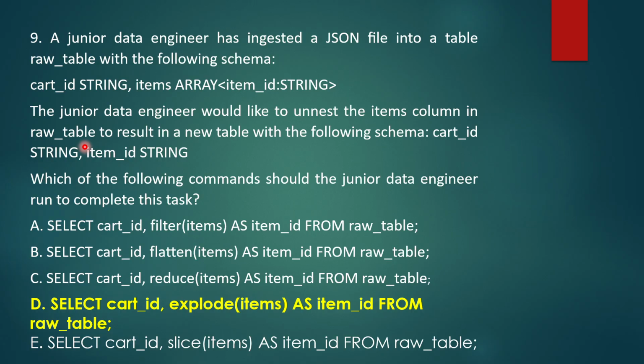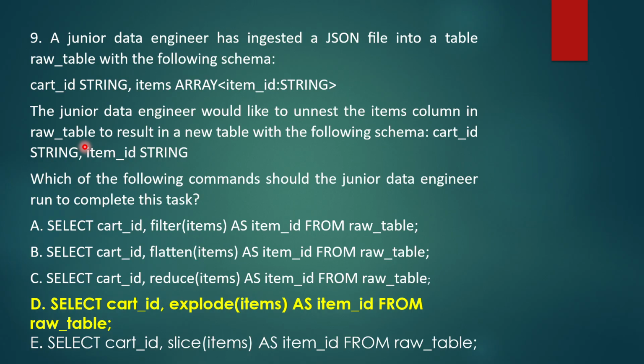So they have given some concept: a JSON file has been ingested into a Delta Lake table named raw table, with the schema given. The goal is to unnest the items array so that each item in the array becomes a separate row with the resulting schema: cart ID, item ID.